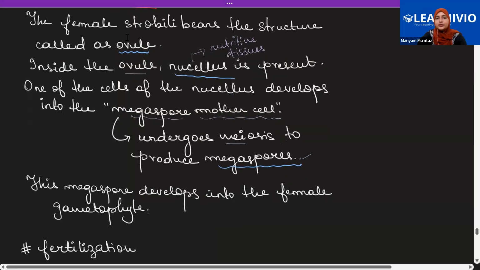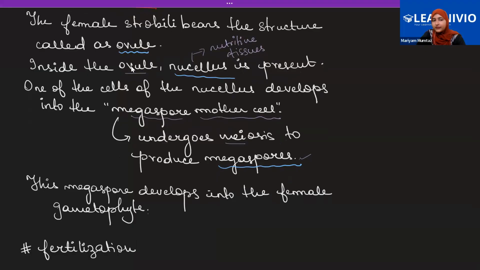Now the female strobili has a structure called the ovule. Inside the ovule there is a lot of nutritive tissue called the nucellus. Remember that ovule is a fancy term for a seed. The seed, in terms of the plant, is called an ovule.